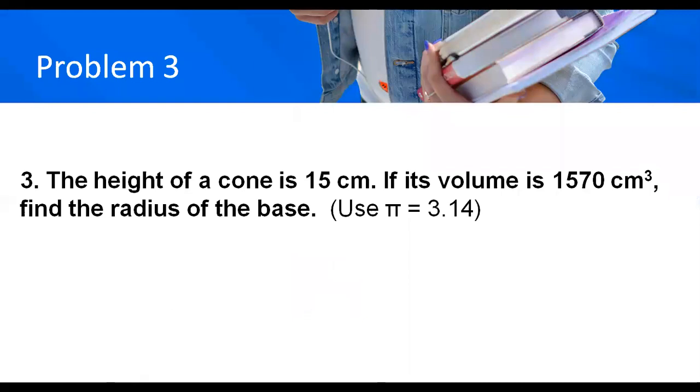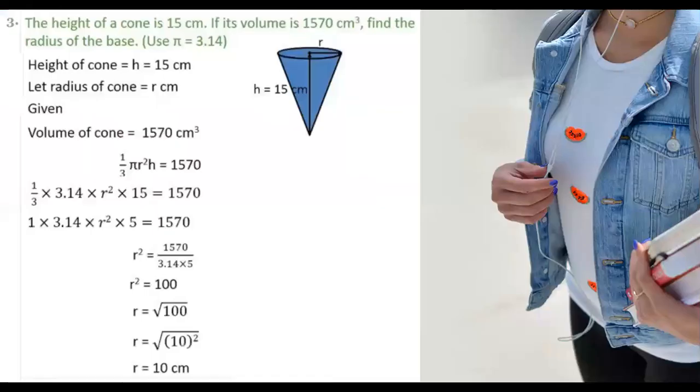Now coming to the third problem, the height of the cone is 15 centimeters. If the volume is 1570 centimeter cube, we need to find the radius of the base, and we need to use the pi value as 3.14. So here we are given the height and volume of the cone, and we need to find out the radius. The height is given as 15 centimeters, and let us assume the radius as r centimeters.